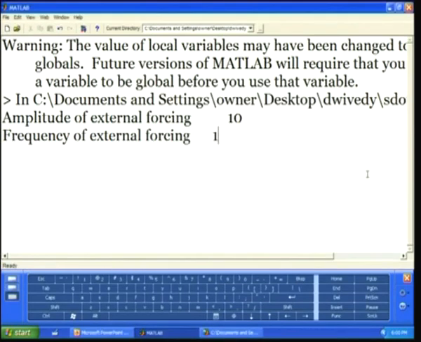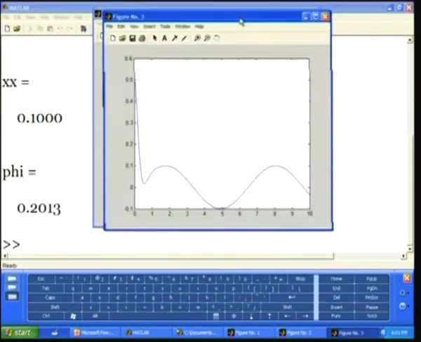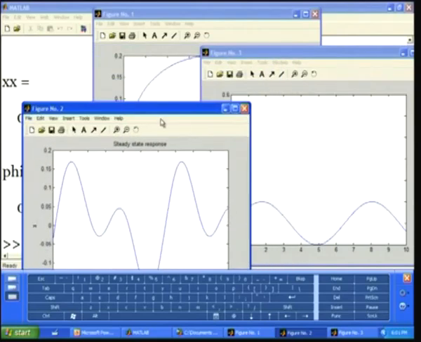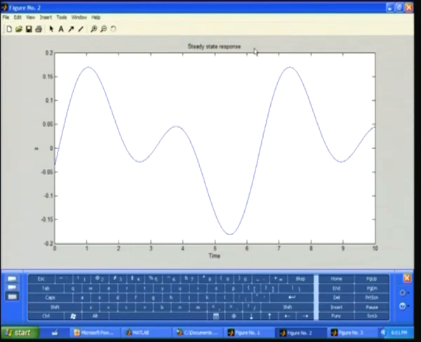In that case, you can see that I obtained the response in 3 different ways, so I will show you 3 different curves. In this case I have given a forcing equal to f sin omega 1 t plus f sin omega 2 t. When I have given these 2 forces to the system, this is the response. The response plot contains 2 components.